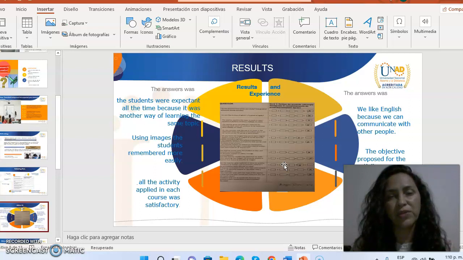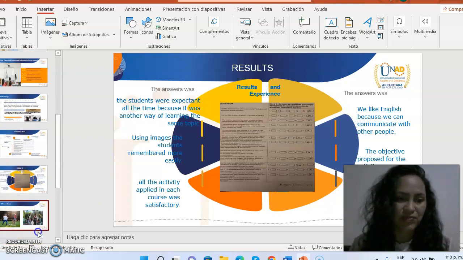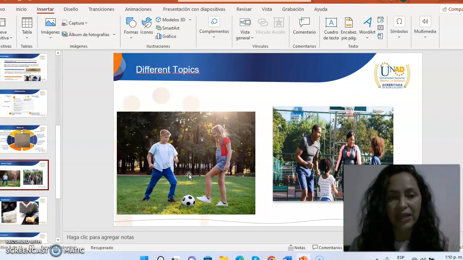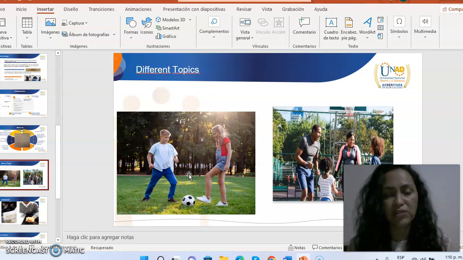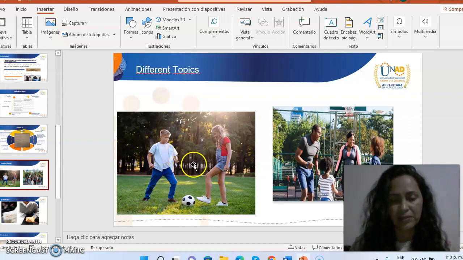Or if you talk about what is your favorite sport? In this case, according to the topic, I give them different images to try to expand their answer. Here you find different topics, like I said before.